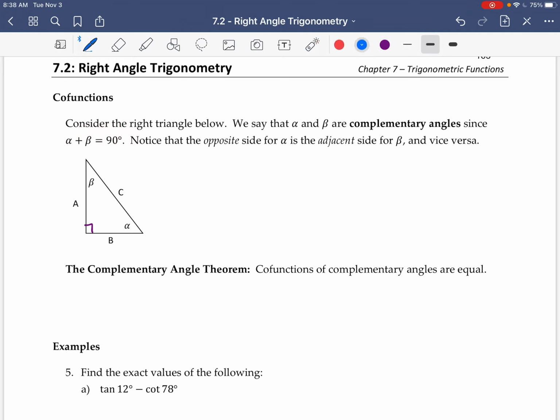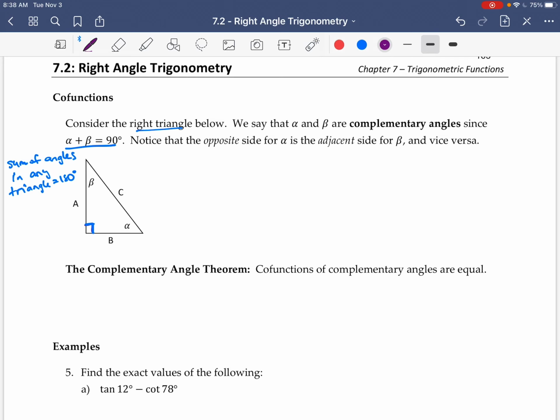Well, that's because the sum of the angles in any triangle equals 180 degrees. Because I already have a 90 used up, because this is a right triangle, the other two have to add to 90. So that's why that's true.